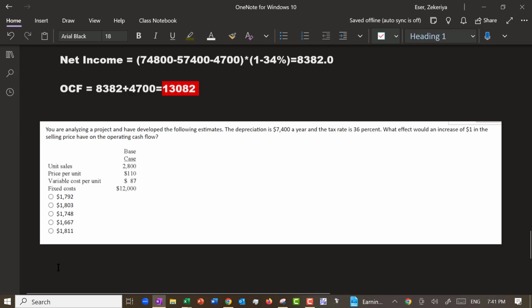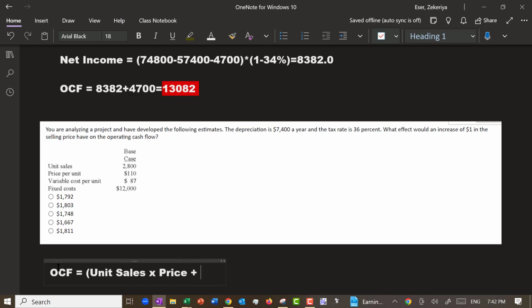Or, remember, OCF equals unit sales times price minus cost minus depreciation, times 1 minus tax rate, plus depreciation.